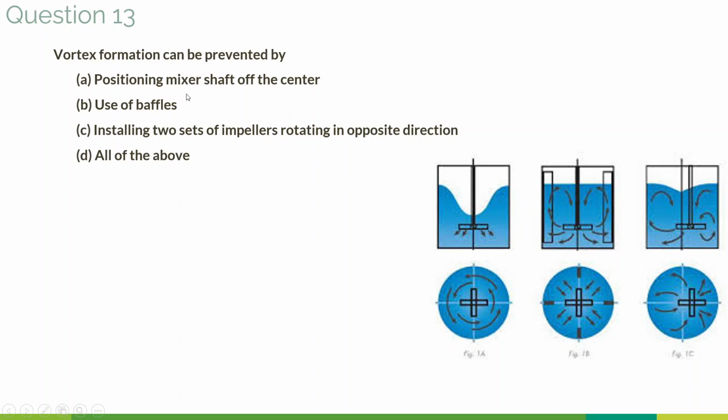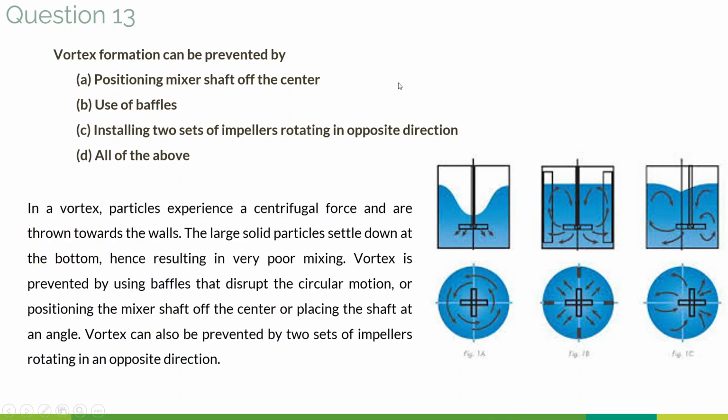Another technique to prevent the vortex formation is to install two sets of impellers, each of them rotating in an opposite direction. So if you have two sets of impellers rotating in opposite directions, you will not have this kind of circular motion being established, and hence you will prevent vortex formation. In a vortex, the particles experience a centrifugal force and are thrown towards the walls.